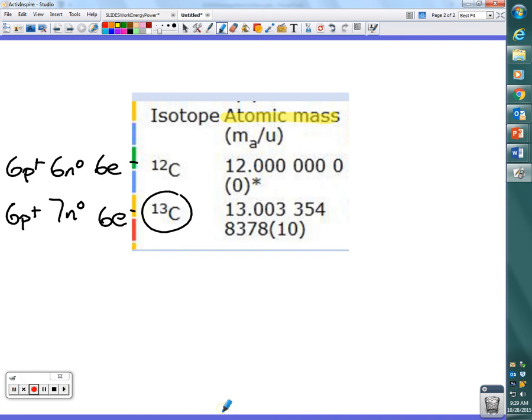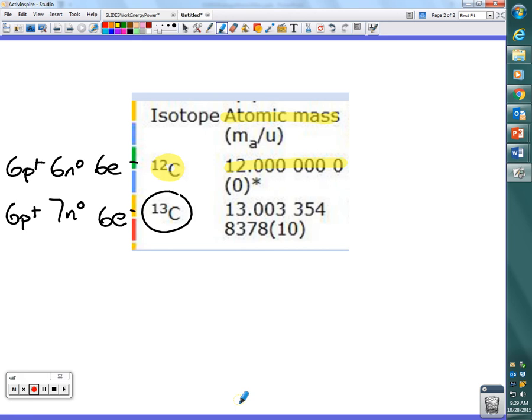We just said, or I just told you, that for carbon 12, the atomic mass is exactly 12.0. Look at all the zeros after it. Okay? What happens to the atomic mass when we go from carbon 12 to carbon 13?